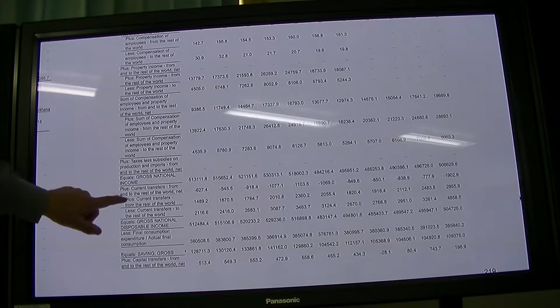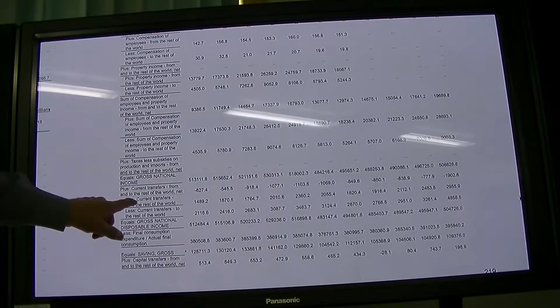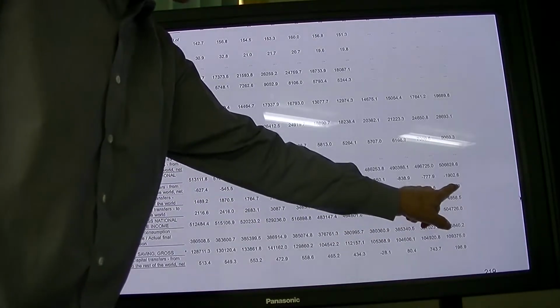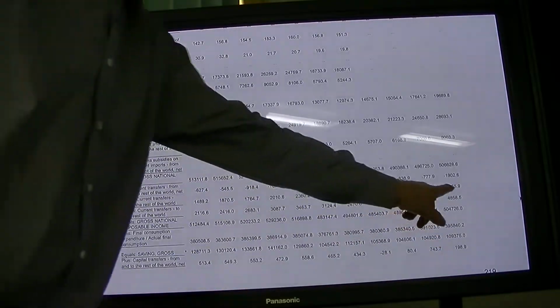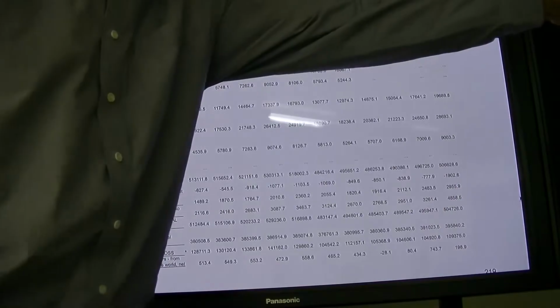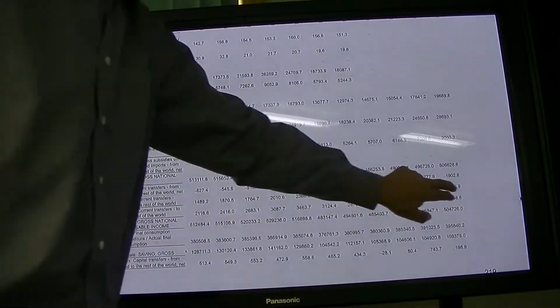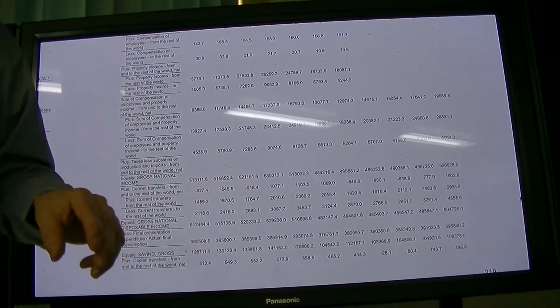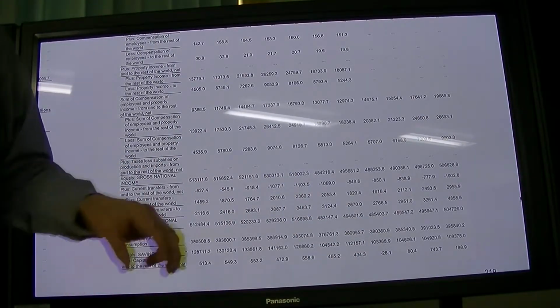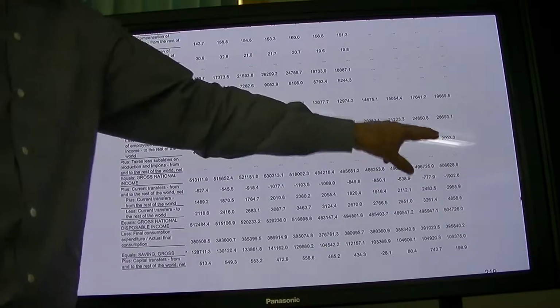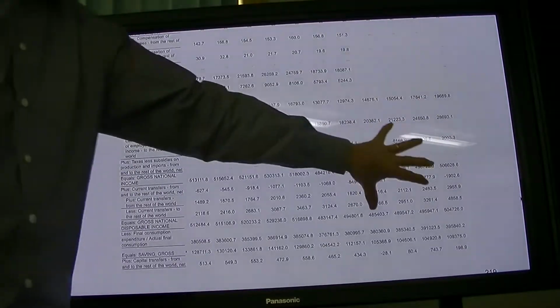Then the current transfers from the rest of the world and to the rest of the world. That's this line. So you can see these are different pieces in the flow.